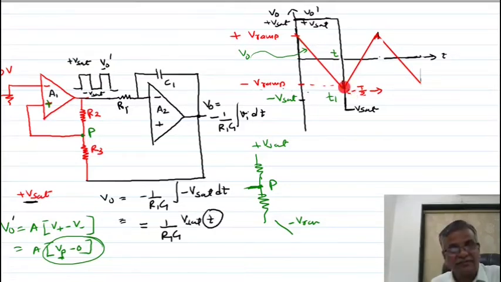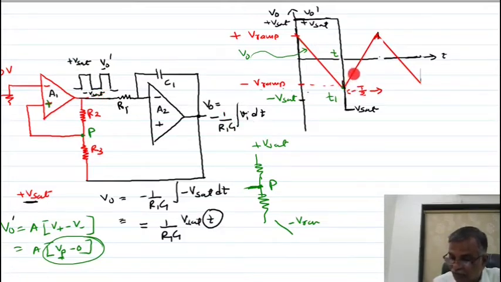From this time, my output becomes a positive ramp of this A2. VO dash is negative. As this voltage becomes negative, this voltage becomes positive, and with time it is changing.